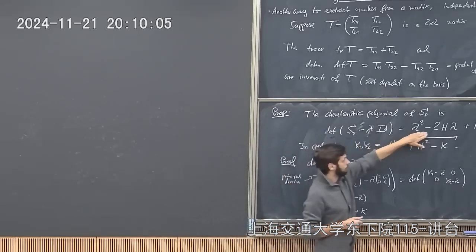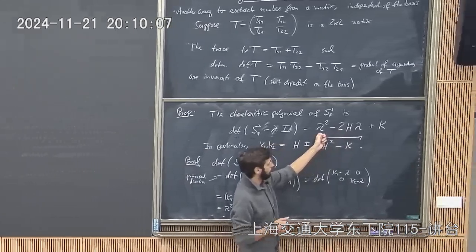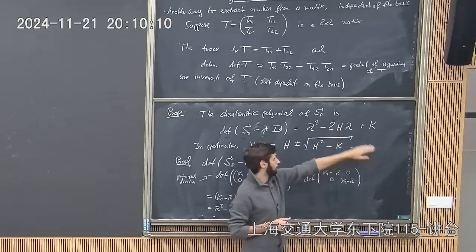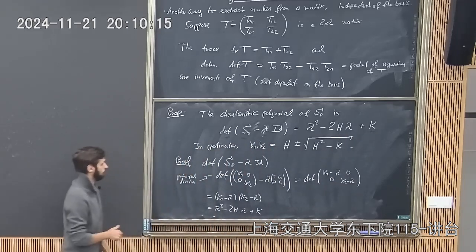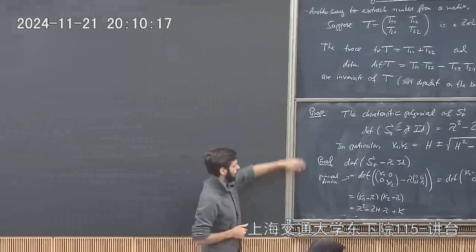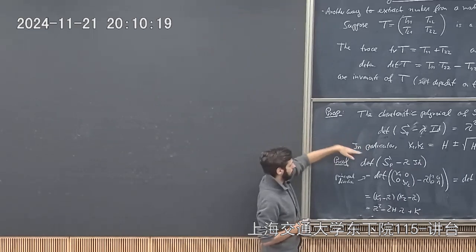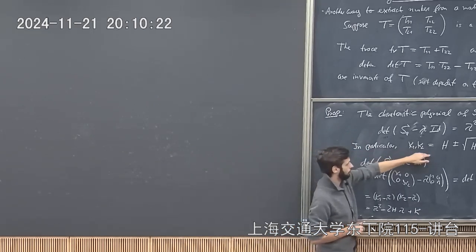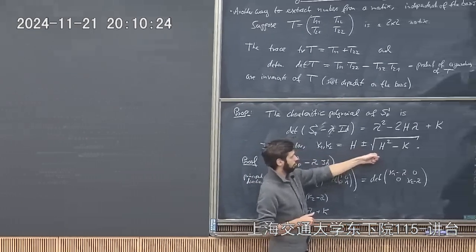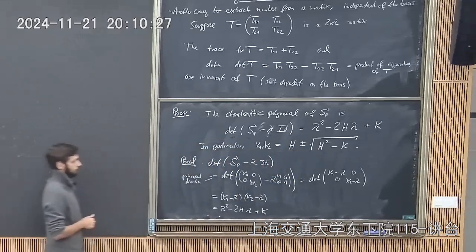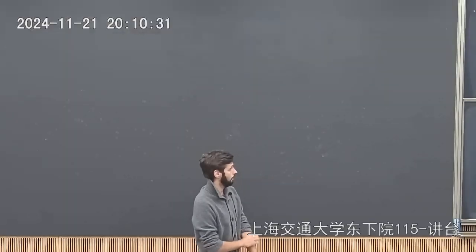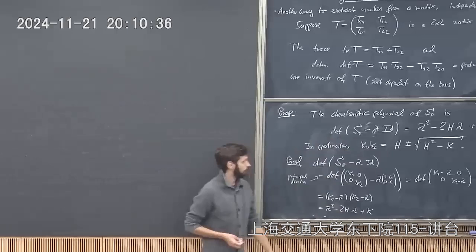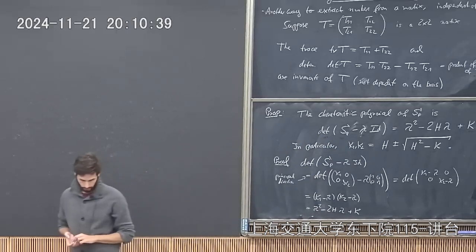You get a certain expression in terms of lambda, and from that expression you read off the k and the h, or you say that it's the trace and the determinant, which would be equivalent. Then you can get kappa 1 and kappa 2 out using this equation. So that's a different way to get the principal curvatures once you know the shape operator, where you don't have to calculate the eigenvalues directly.